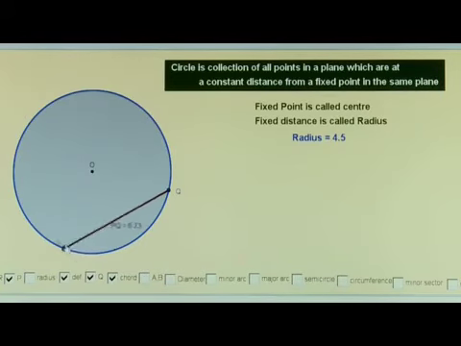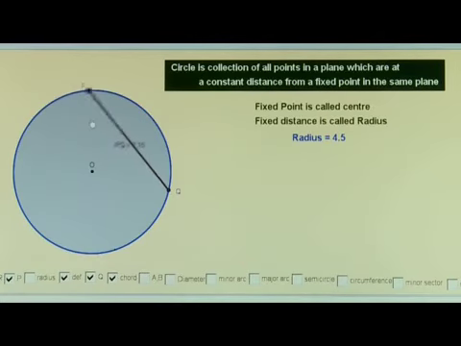Move this point P. As this chord approaches towards the center, see the length of the line segment PQ, that means the chord, increases, and when it passes through the center, the length of the chord becomes equal to double of the radius, and when it moves away from the center, the length of the chord decreases.